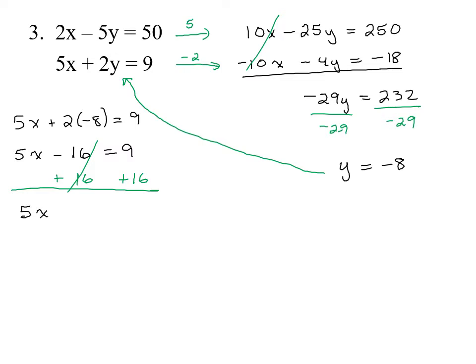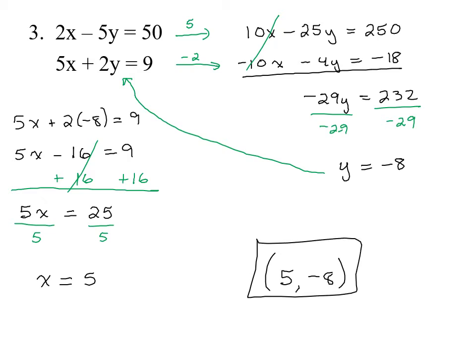So I get 5x equals 25. Or if I divide by 5 on both sides, I would have that x equals 5. So my solution here would be 5 and negative 8. And again, you can check that if you want to.